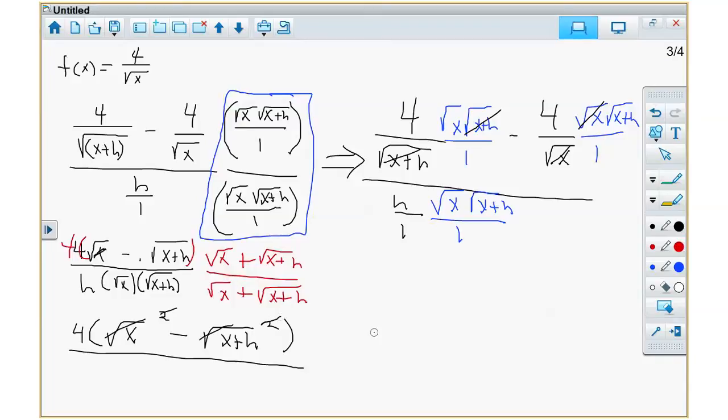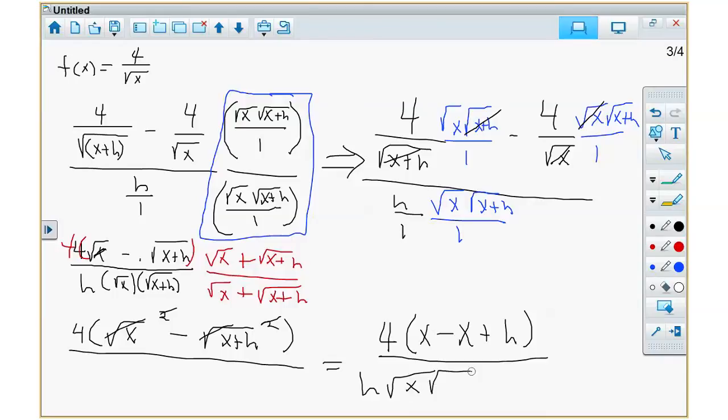So in the end, you're left with 4 times x minus x plus h, over h square root of x square root of x plus h times square root of x plus square root of x plus h.